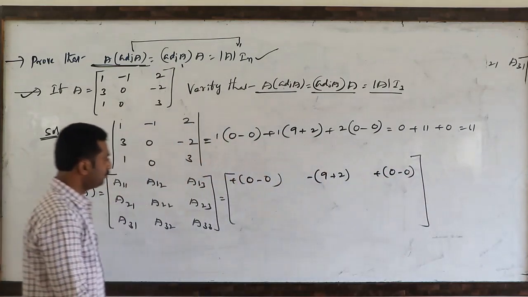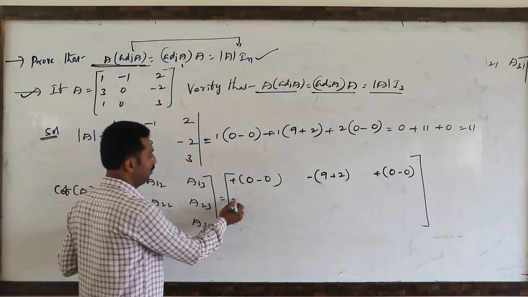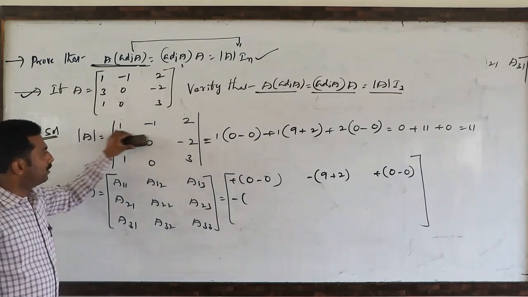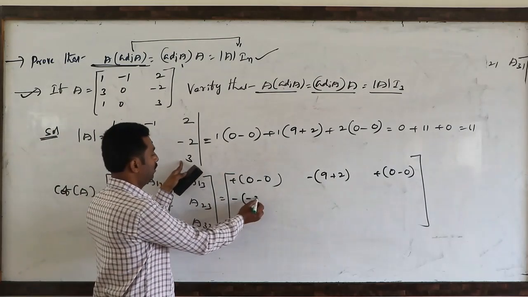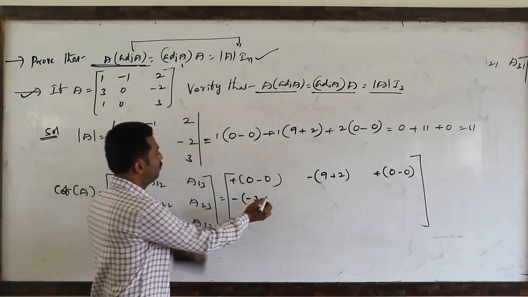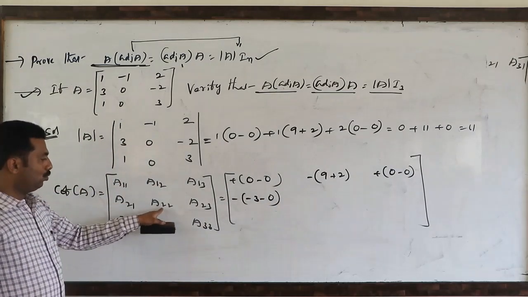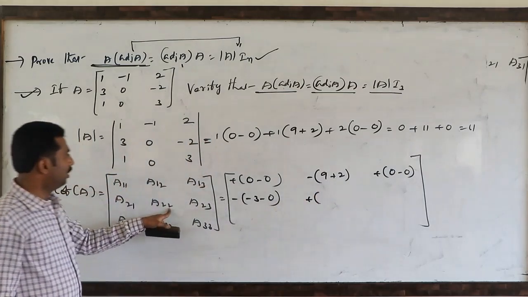Next, second row, A21: 2 plus 1, 3, odd number, means minus. Second row, first column you delete. Minus 3. Minus 2 into 0, 0. Next, A22: 2 plus 2, 4. Even number means plus sign.